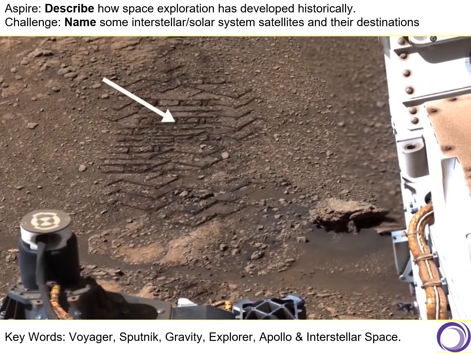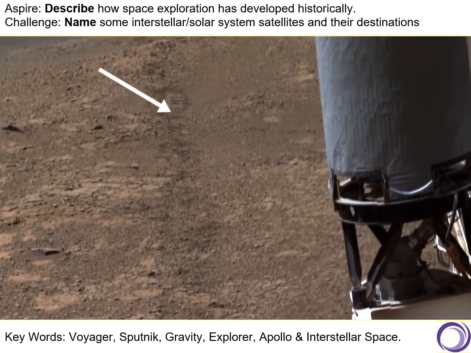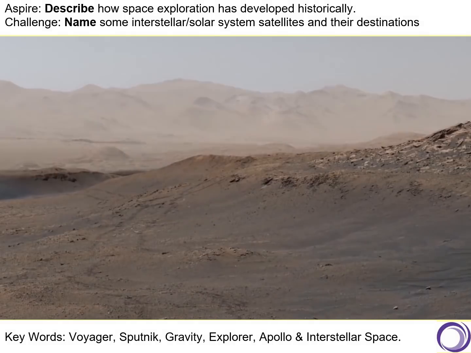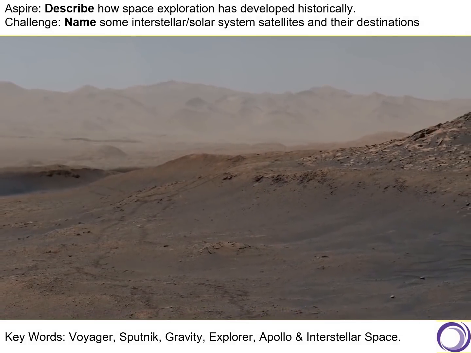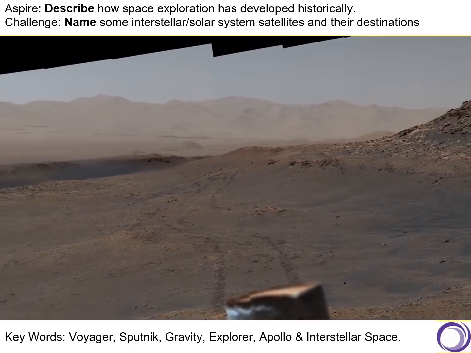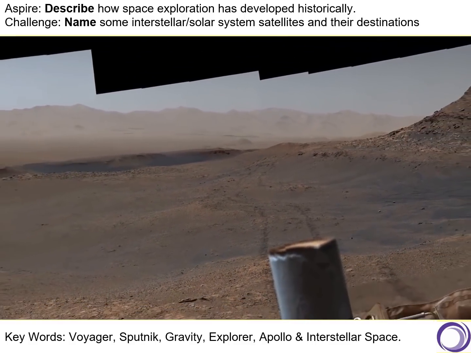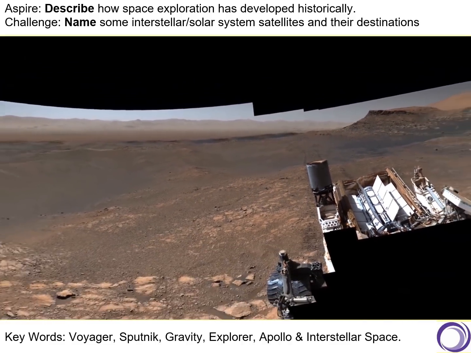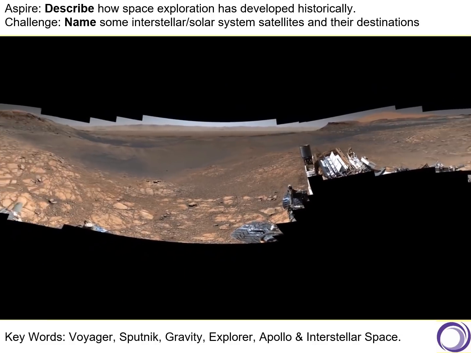Trailing behind the rover, you can see our tracks, including where we climbed up a hill. Even after 7 years on Mars, Curiosity is not done making tracks yet. Panoramas like this are like a window to another world. Explore it yourself in a 360 video. Look for the link in the description.